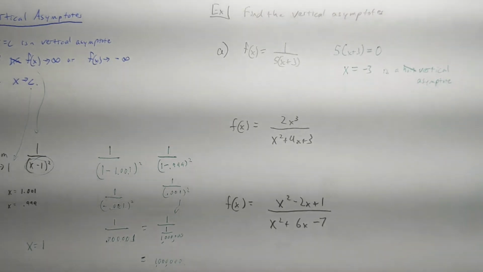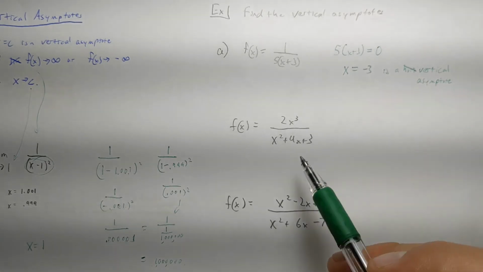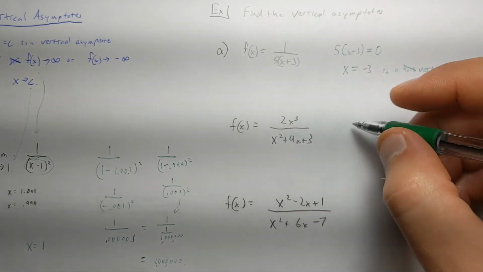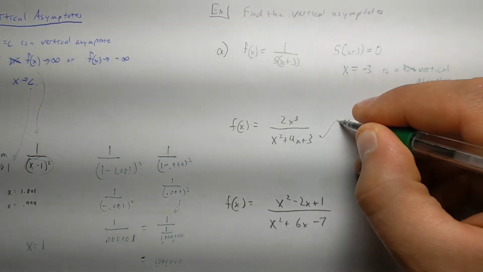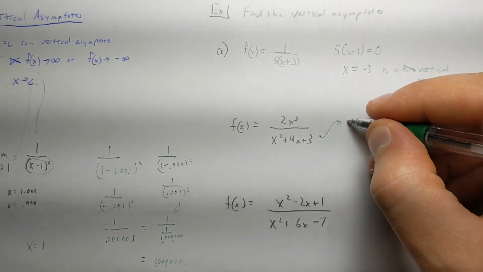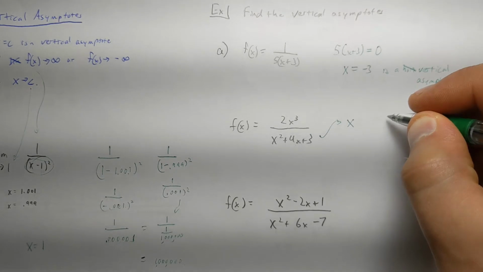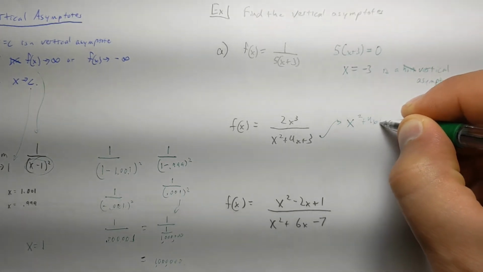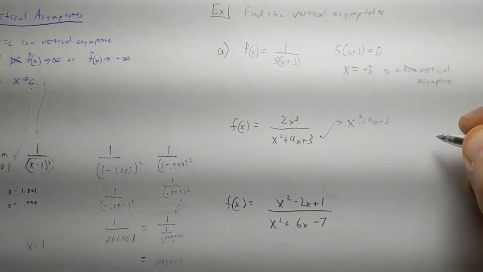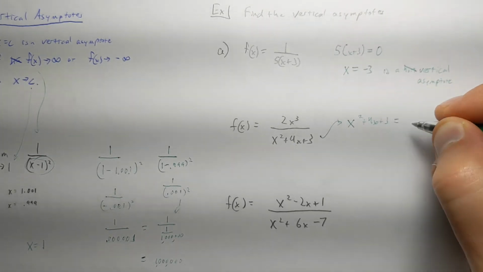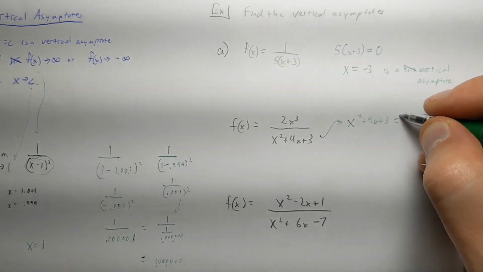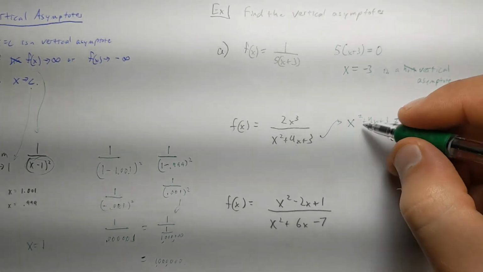How do we deal with it here? Well, let's see here. I'm going to factor the bottom. x squared plus 4x plus 3. When would that equal 0? Or another way to say it is this cannot equal 0.